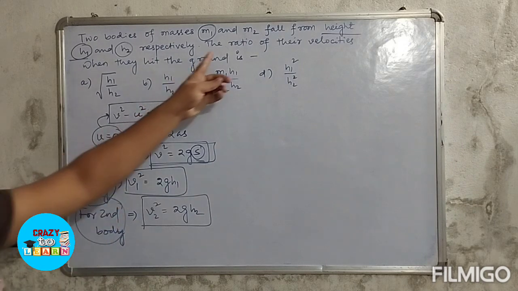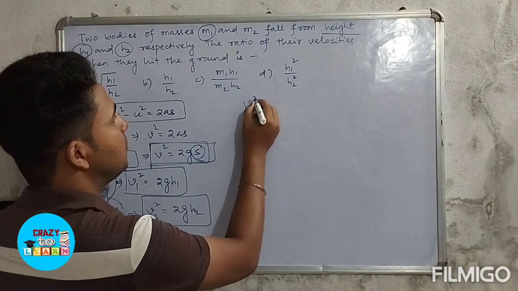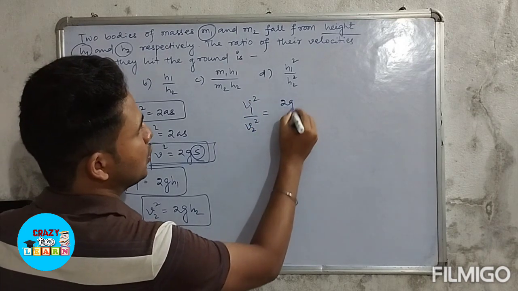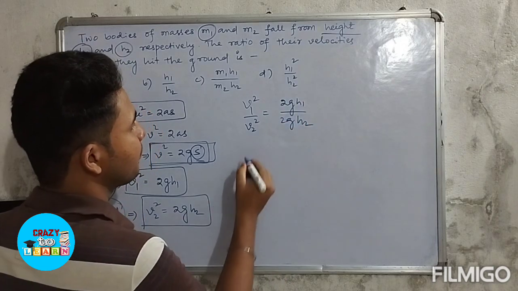Now it is asked to find the ratio of their velocities. The ratio v1 square divided by v2 square is equal to 2g h1 by 2g h2.